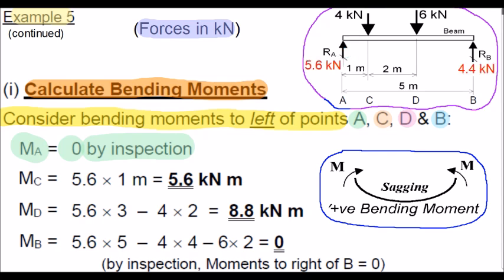If we now consider point C on our beam and we look to the left, we now see the 5.6 kilonewton force, the reaction force here, multiplied by the distance of 1 meter. Remember, a moment is a force times its perpendicular distance about the point we're considering. So considering RA from point C, that's where we have the 1 meter distance.